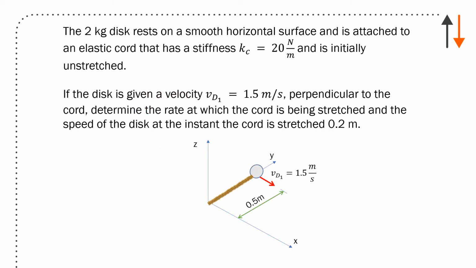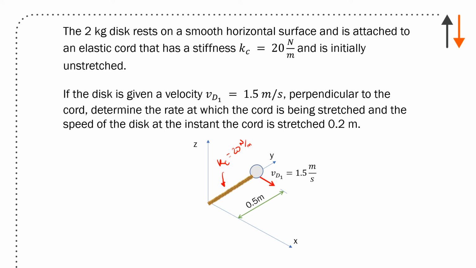Here's a second one. The 2 kilogram disc rests on a smooth horizontal surface and is attached to an elastic cord. So this is the elastic cord here. It has a spring constant of 20 newtons per meter, and is initially unstretched.